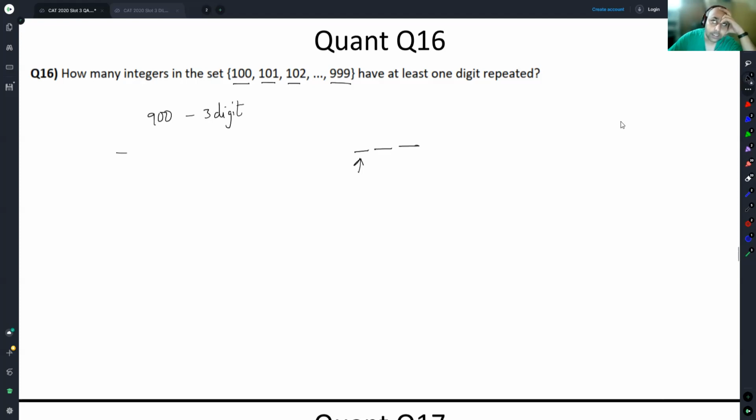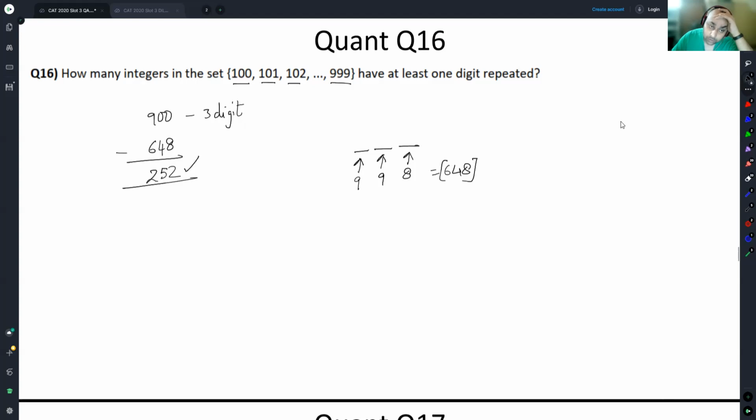The leading place digit can be filled up in 9 ways. The subsequent digit can be filled up in 9 ways. The last digit can be filled up in 8 ways. So 9 into 9 into 8, 81 into 8. So this will be 648. So 900 minus 648. These are cases where all 3 digits are distinct. This will give us 252, which should be the answer.